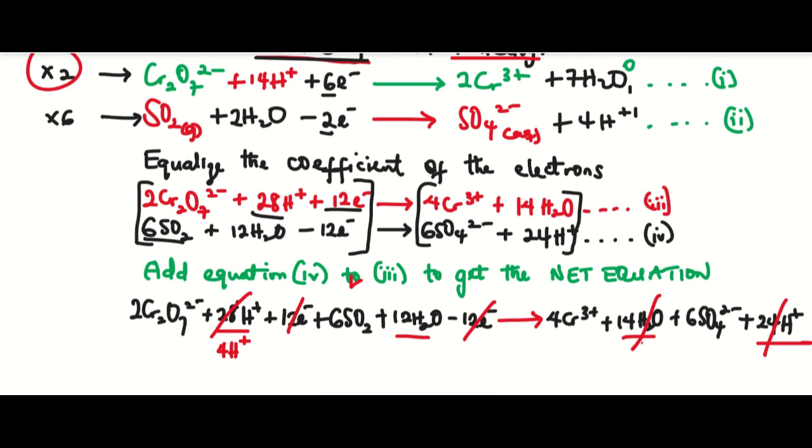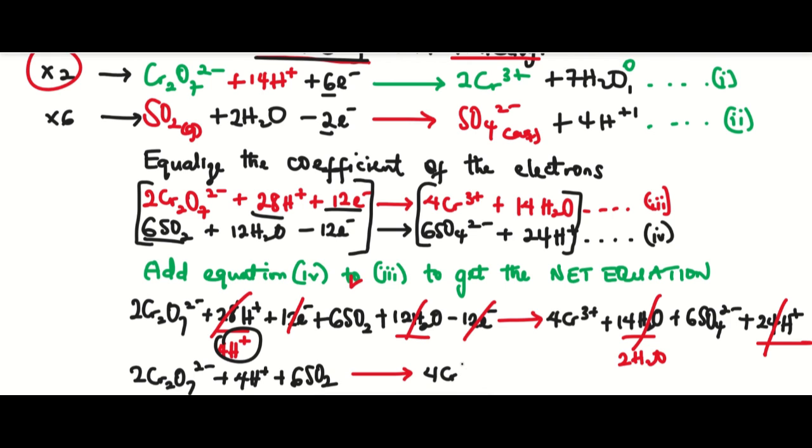We can take it out, so it remains 2 moles of H2O, and this is out totally. In total, we'll be left with 2 moles of Cr2O7 2 minus plus 4 moles of H plus 6 moles of SO2 to give 4 moles of chromium ion plus 2 moles of H2O plus 6 moles of SO4 2 minus.